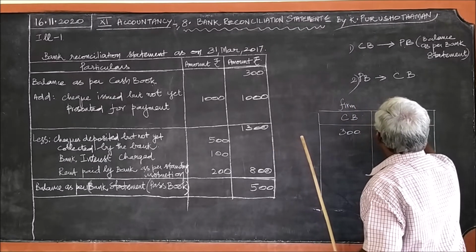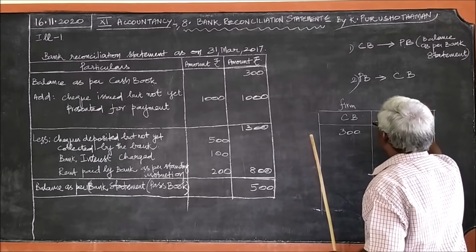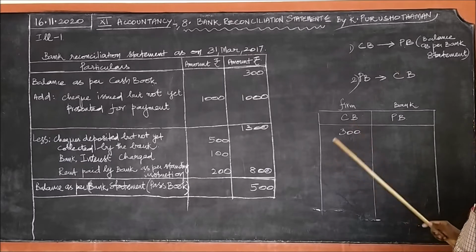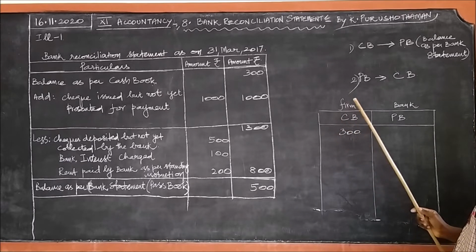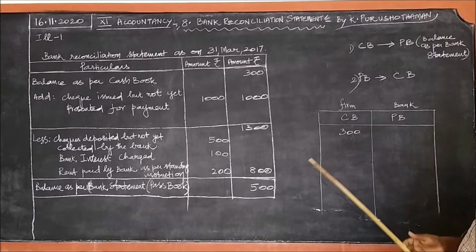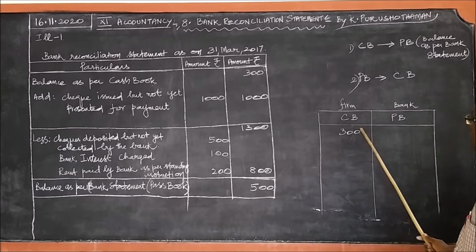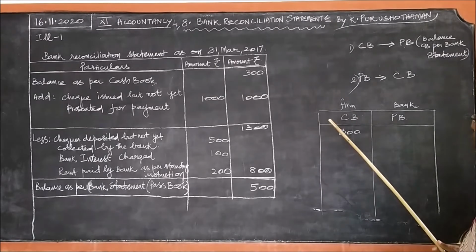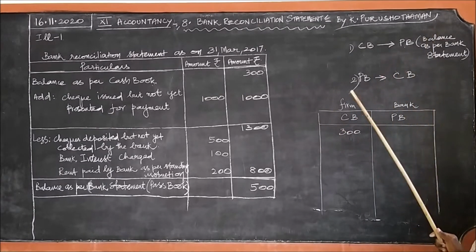This is maintained by the bank. Okay, now when a check is issued for 1,000 rupees, that is, the business issues the check. What does it mean? Business issues the check.